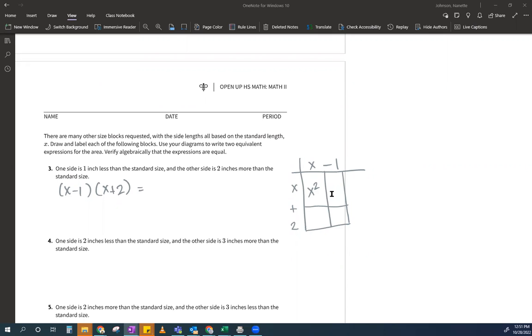Oh, because x times negative 1 is negative x. Exactly. Because this negative 1 at the top. Exactly. So, okay, fine. Let's continue. What would go in this box right here?